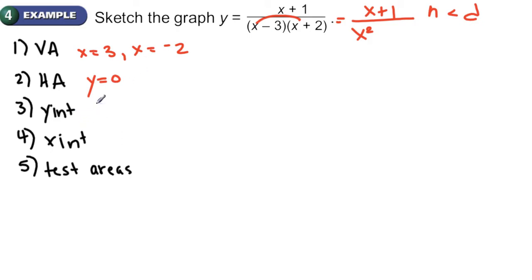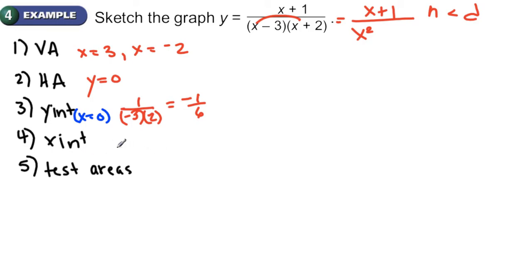The y-intercept is the same thing as when x equals 0. So putting in 0 here, you are going to have 0 plus 1 over 0 minus 3, which is -3, times 0 plus 2, which is 2, which gives you -1 over 6.